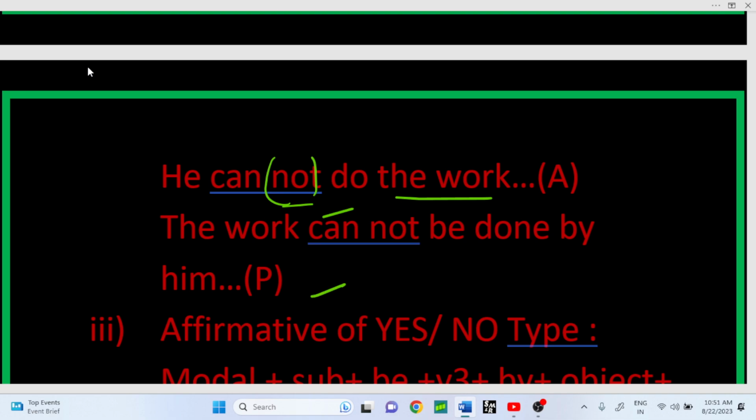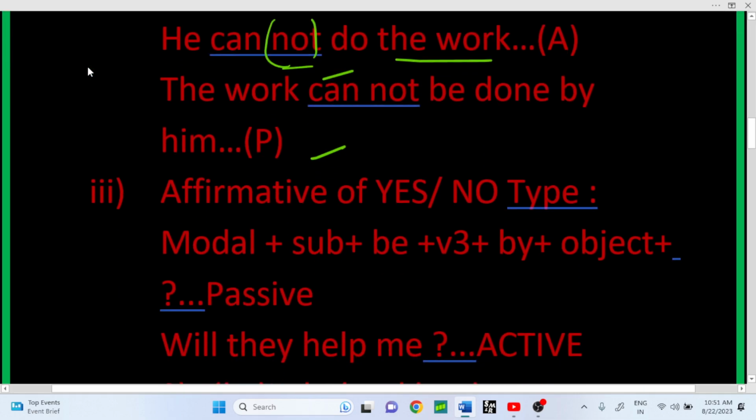It's a passive one. Next one is affirmative of yes no type question. You know all about yes no type questions. There are affirmative of yes no type question, negative of yes no type question, affirmative of WH question, and negative of WH question also.